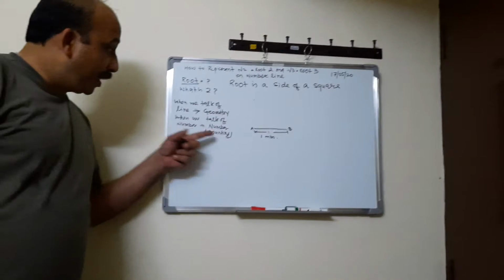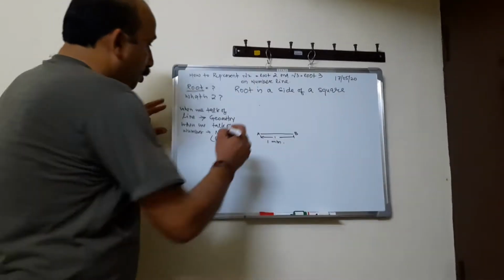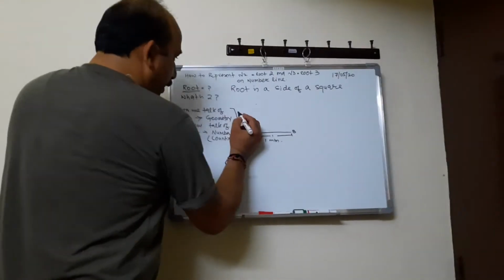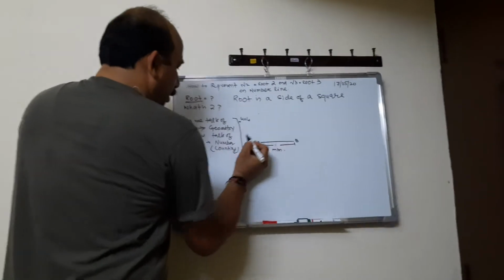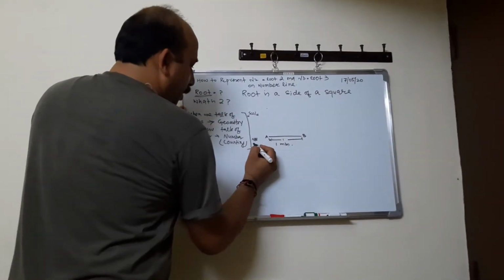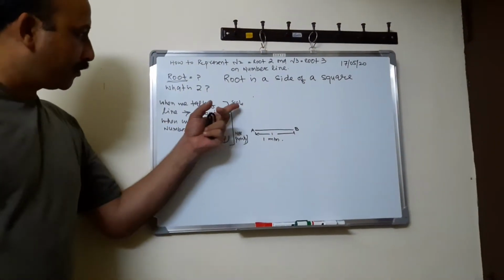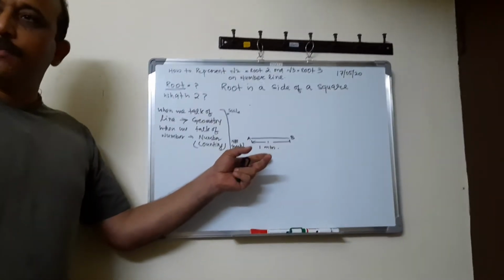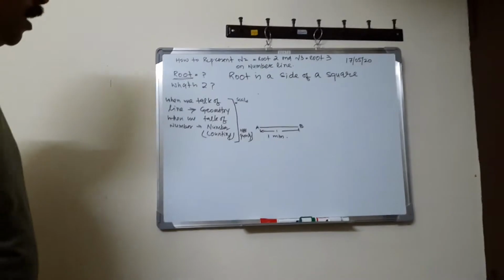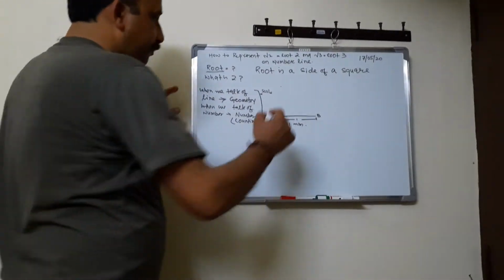So number is counting. Line is geometry. So geometry has a measure, so we measure by some scale. Counting is by numbers, quantity. So when we talk geometry, we talk of scale. So we have a scale of 1 meter, not made up to the scale. 1 meter must be this much, but for drawing we are showing it is 1 meter.